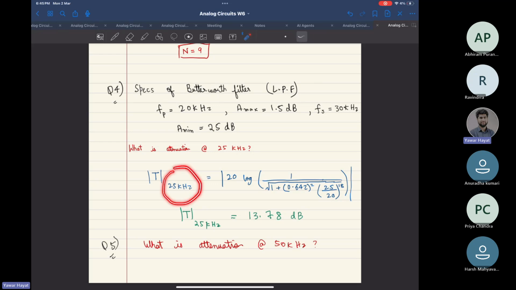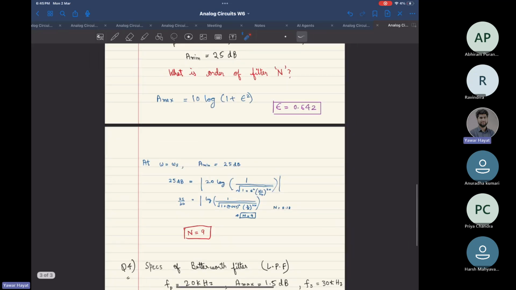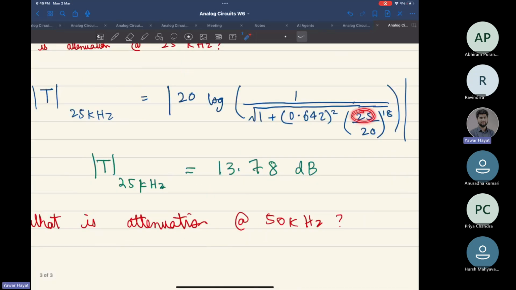For 25 kilohertz, we literally substituted omega s as 25. Similarly, you will substitute 50 in this place, right? And then accordingly compute the attenuation.